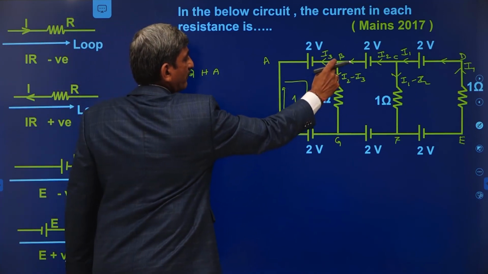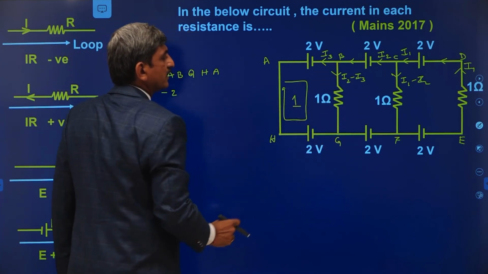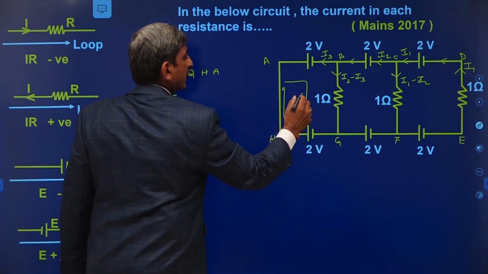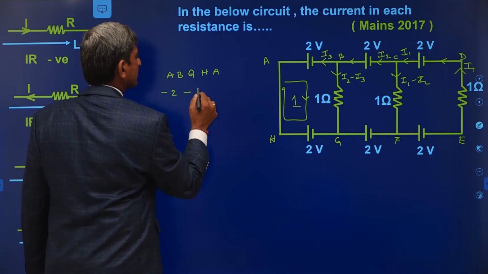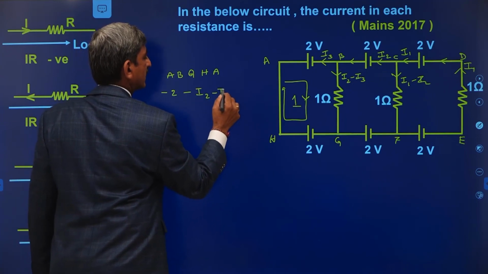Next, when we are moving from B to G, the direction of the current and the direction of the loop are in the same direction. So IR is negative: minus I2 minus I3.